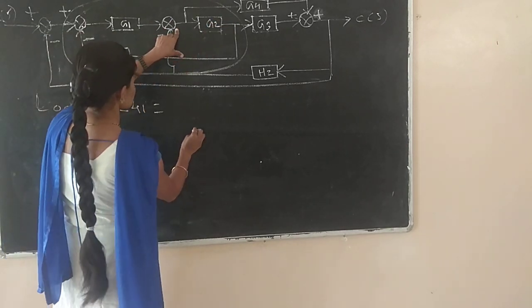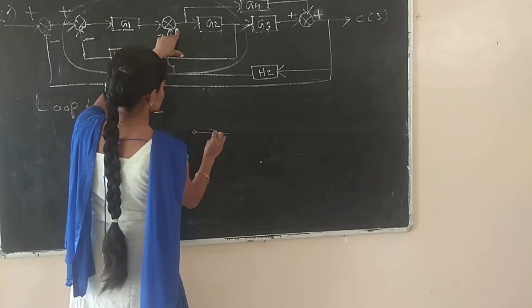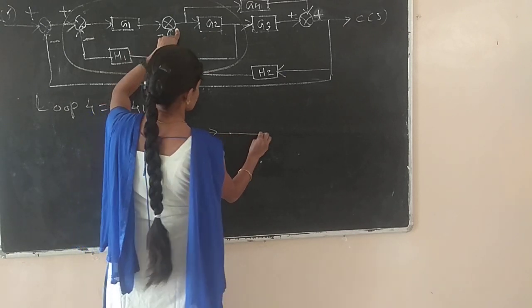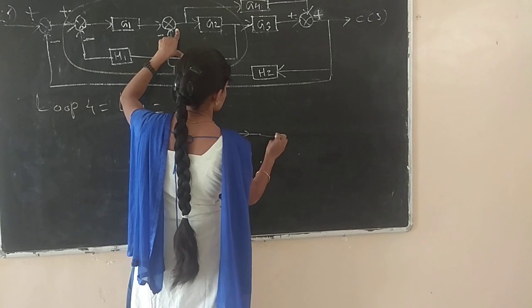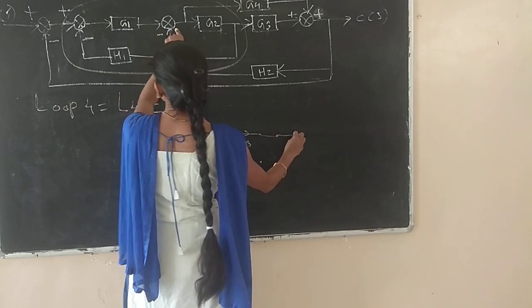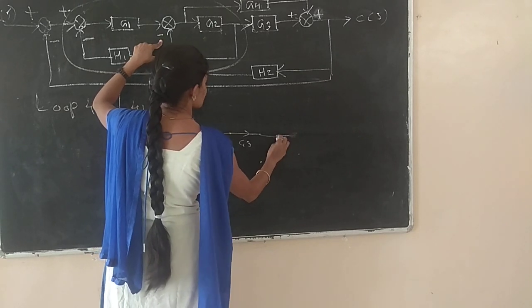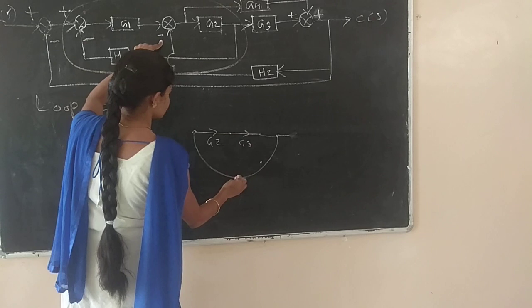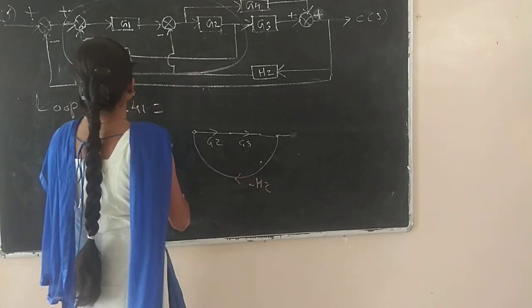Means this summing point, then G2, then takeoff point, then G3, then summing point and this is minus H2. This is summing point.